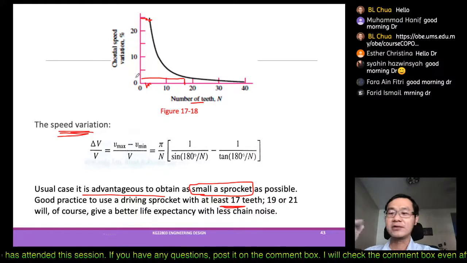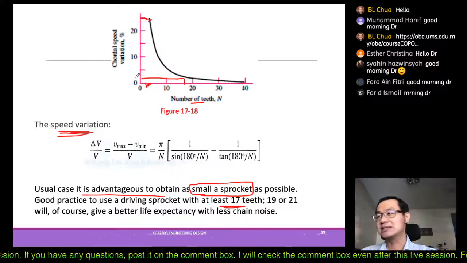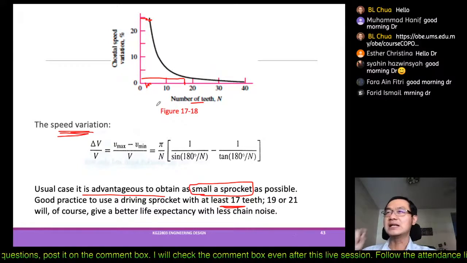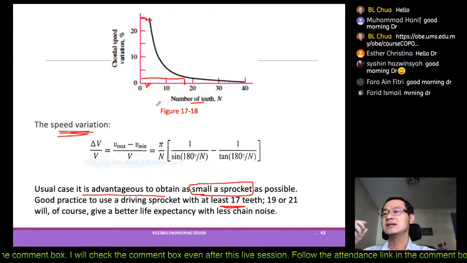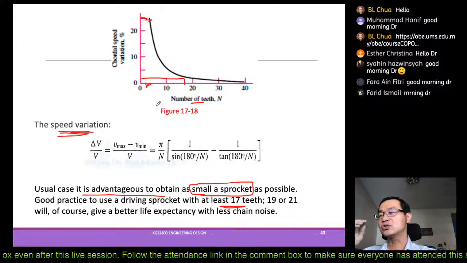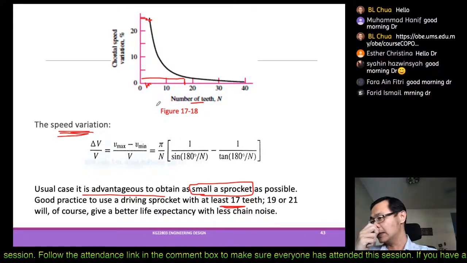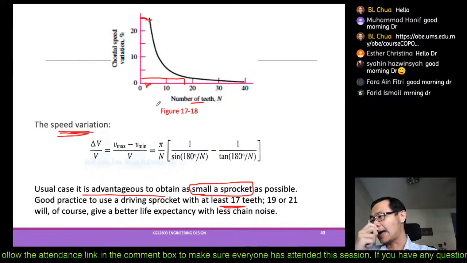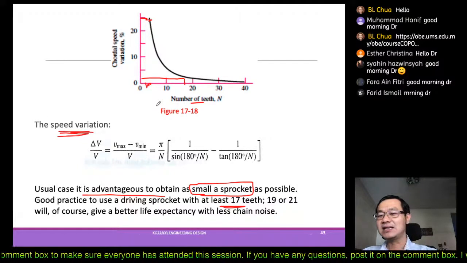Also, because of the lesser variation, the lifespan increases and the noise decreases. This is why we select at least 17 teeth.